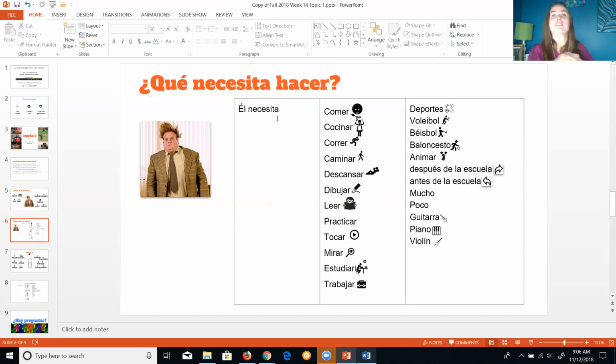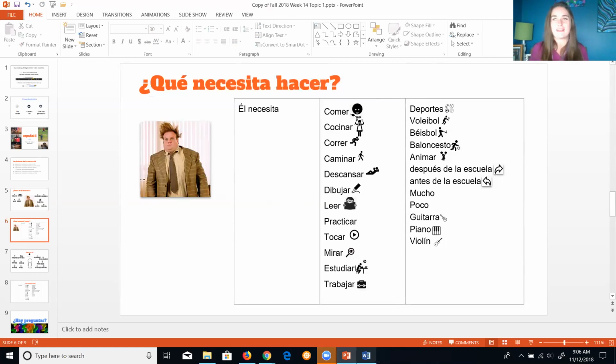So everybody is going to give me a full sentence in the chat that starts with él necesita, which means he needs. And then you've got infinitive verbs to choose from. You don't have to conjugate, or you can't conjugate these because you want to say he needs to eat, for example. So comer on its own without being conjugated means to eat, and that's the way we want to leave it. So, por ejemplo, perfecto, Caleb, muy bien. He said, él necesita correr. He needs to run. That's perfect. Él necesita caminar. Haley, perfecto.